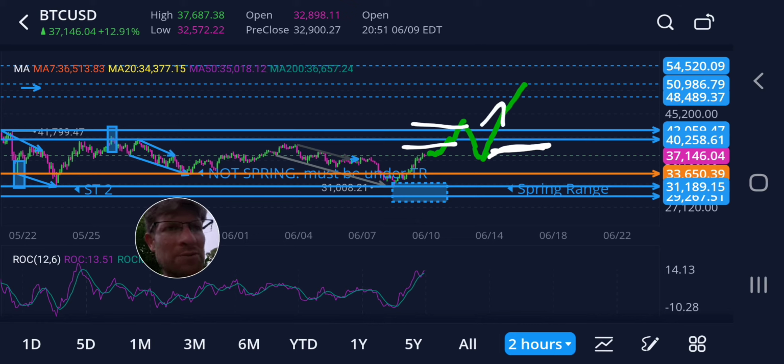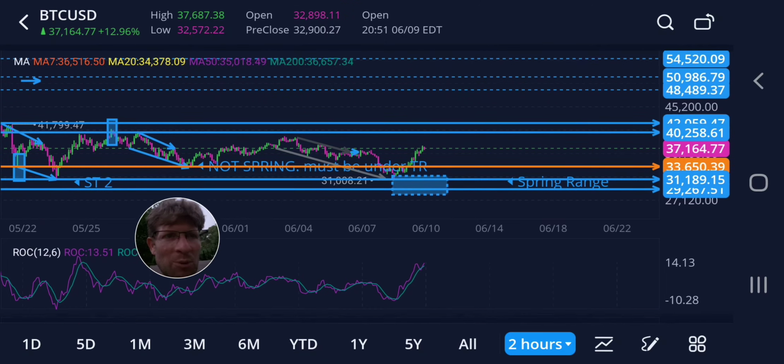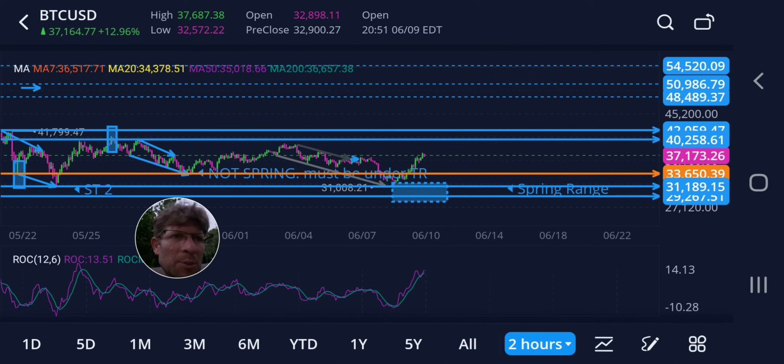But once it leaves that second time, if this model is correct as a predictor, it's not coming back. So I wouldn't really buy right now. It's kind of in that no man's land. But what I would do is I would buy on that pullback.